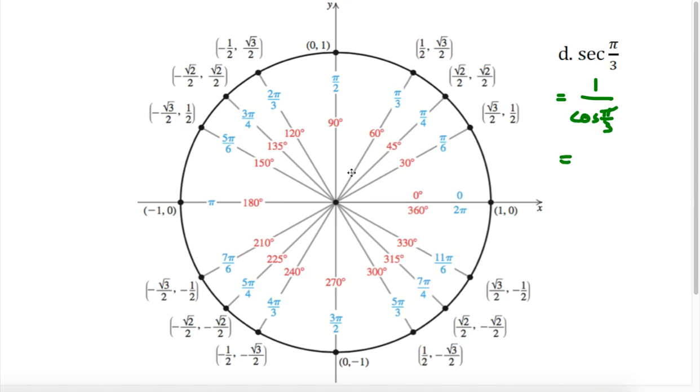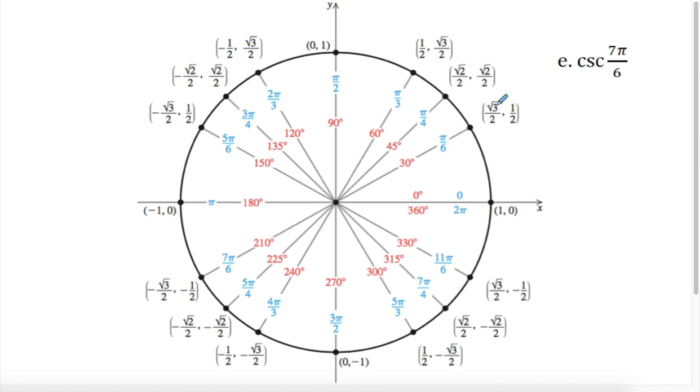The cosine we know is the x value. So at pi over 3, the x value is 1/2. If I take the reciprocal of 1/2, that is just 2. So we can use our unit circle to find secant, cosecant, and cotangent as well. We just need to remember those relationships that we've talked about: cosine and secant are reciprocals, sine and cosecant are reciprocals, and tangent and cotangent are reciprocals.